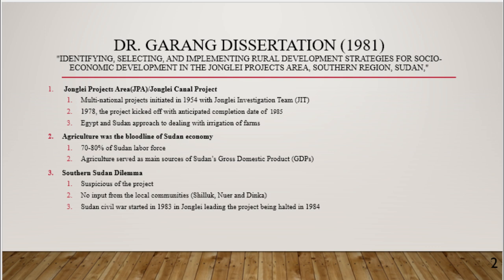Right? And the reason for the Jonglei Canal was that Sudan and Egypt were dealing with irrigation problems within their farms. So they had to find a way to irrigate their lands, and the Jonglei Canal was the solution to that problem.